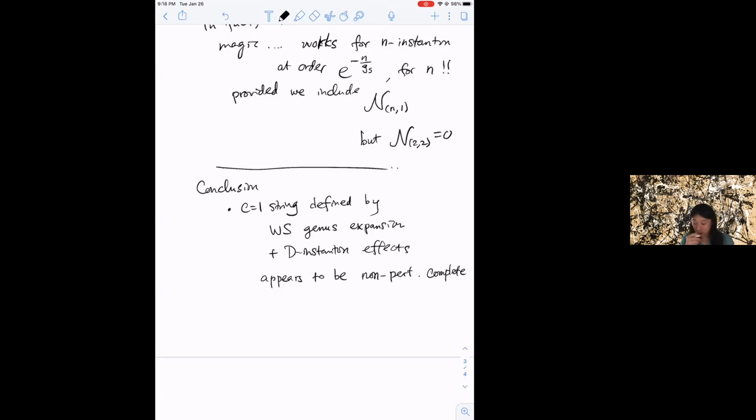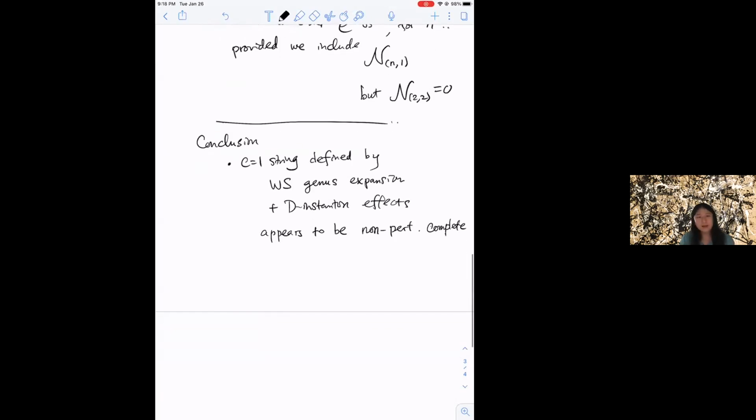Note that there are no e to the minus 1 over g string squared effects, and this is presumably because of something special about two-dimensional string theory. In higher dimensions, usually you'd expect quantum gravity effects to be of order e to the minus 1 over g string squared, which is absent here.